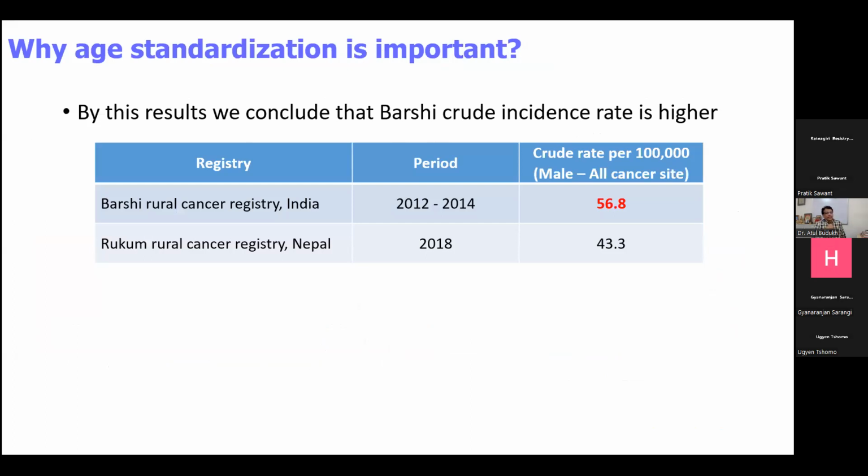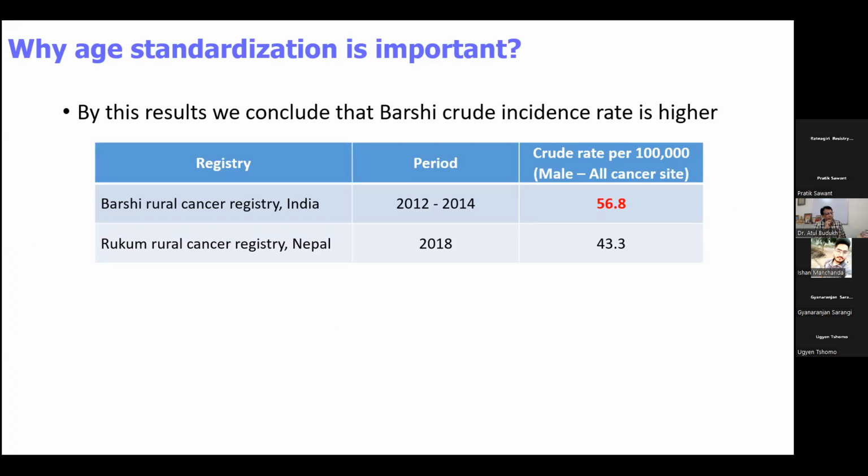Barshi registry. What is the crude rate? Ishan, can you read this slide? Yes, Ishan, sir, read it. You please read this slide. Sandeep, you read, sir. 56.8.